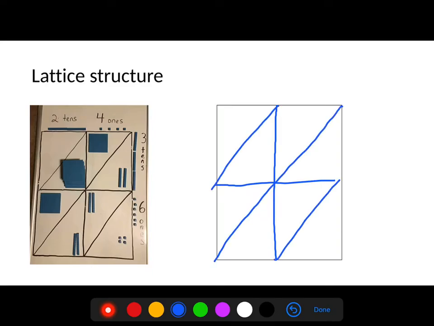So if I draw my lattice structure, we can see that here I have my ones. In the next diagonal, I have my tens. Here I've got the hundreds.